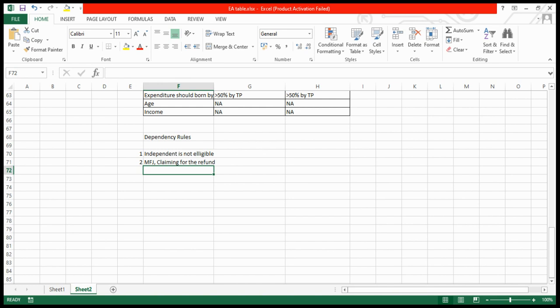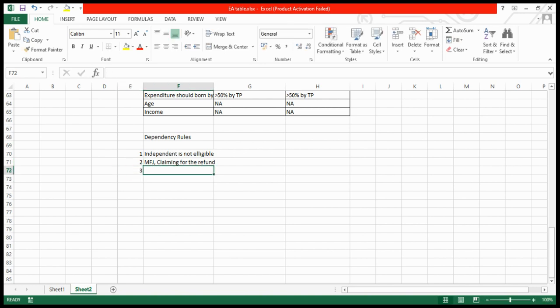So the first point I told, like no one should file a return on their own, otherwise they become independent. Second point, if you file any joint return, you also fall into the independent category. But there is an exception: when you are claiming that MFJ only for the purpose of refund, then you can be part of dependents.